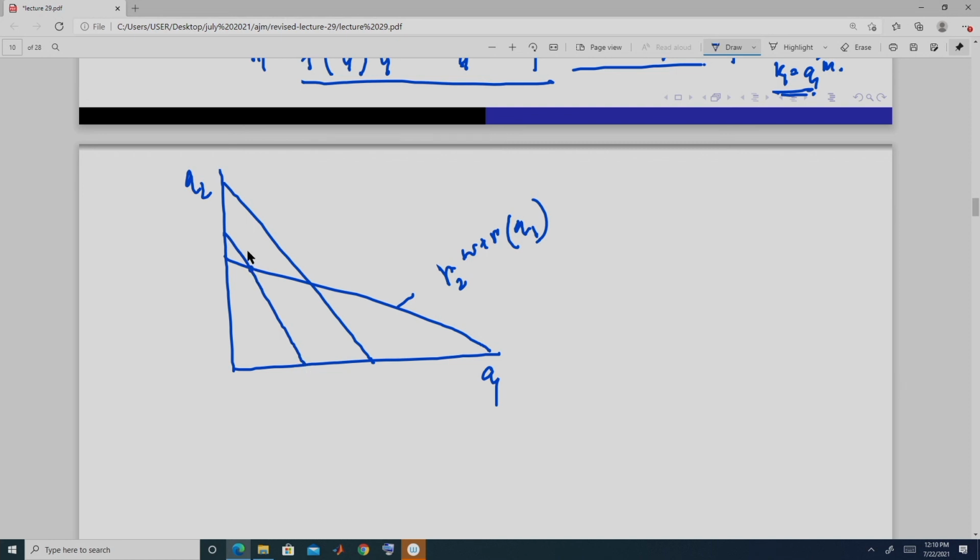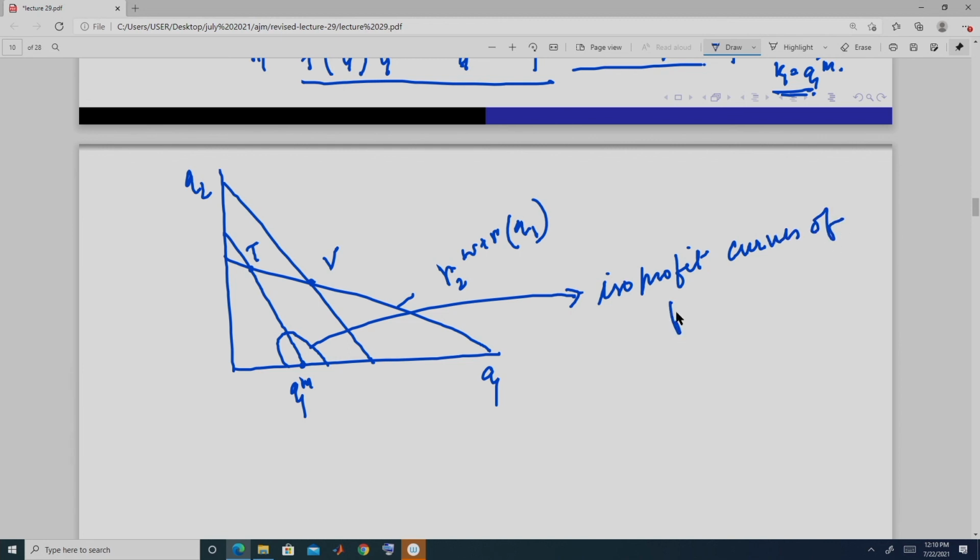Let us draw it like this. This is point T, this is point V, this is Q1M, and we know these are the isoprofit curves of farm 1 if its marginal cost is MC equal to W plus R. And you will see it is in fact MC, because there is no point in having excess capacity.